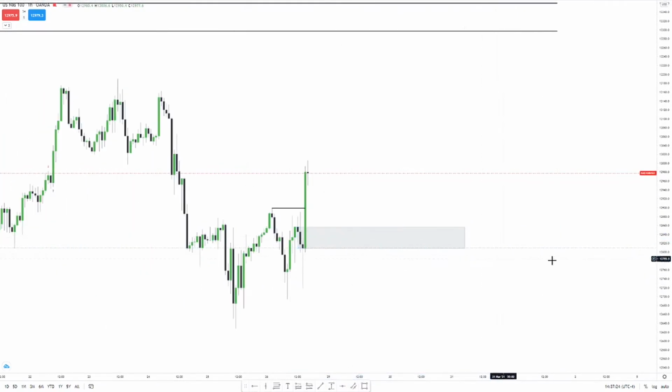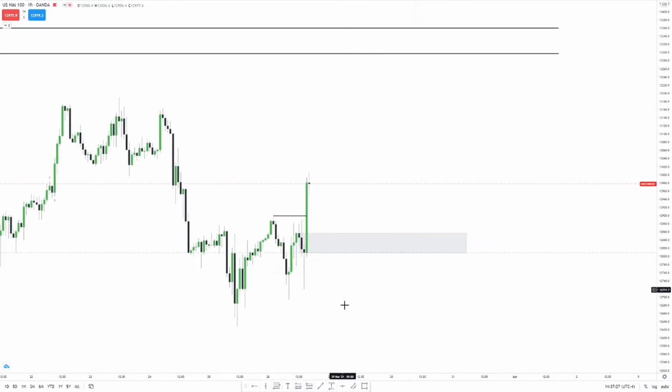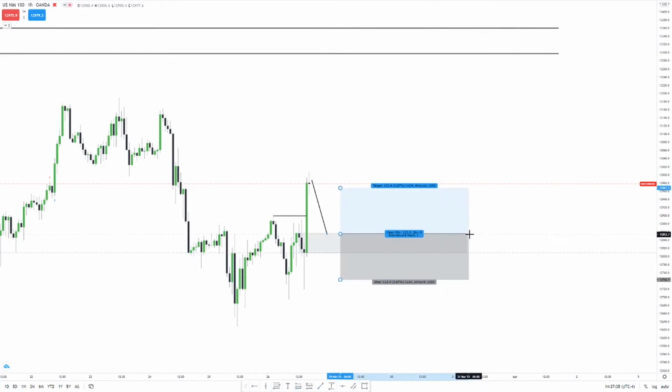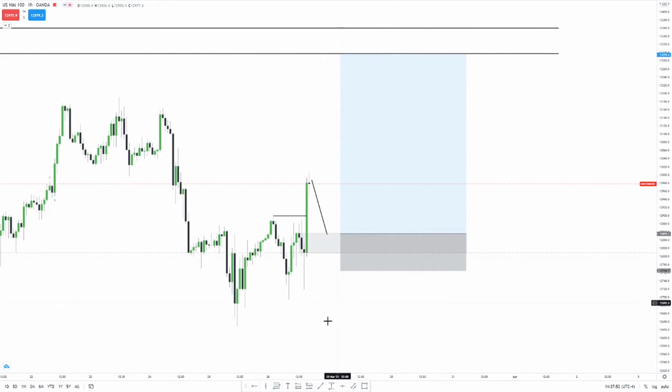So what I will be waiting for is a retracement right into this zone right here, and then for possible upside, right. Stops, I would look on a 15-minute or 5-minute for my entries, and then my stops will be defined by that, right? So this is more or less what I'll be waiting for, or expecting, if price does that.